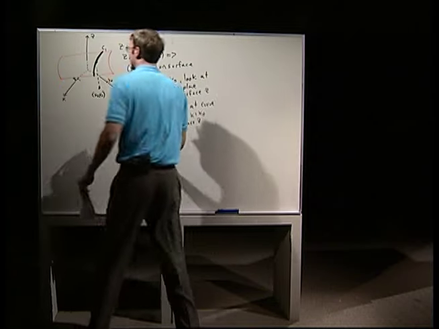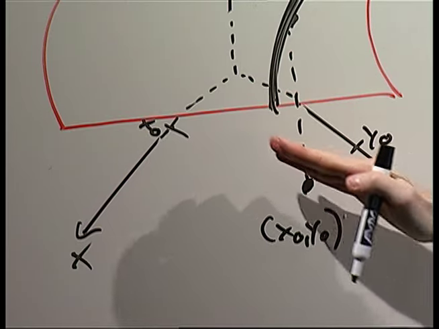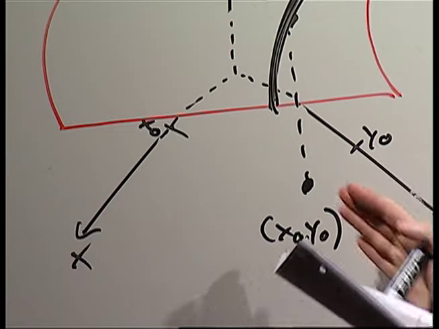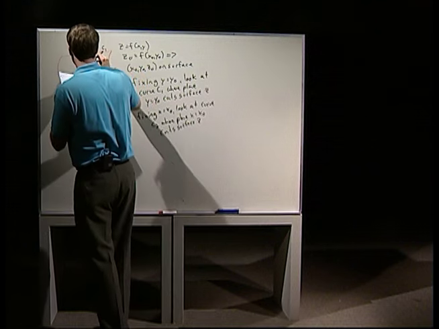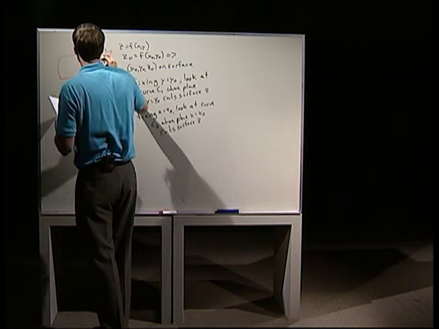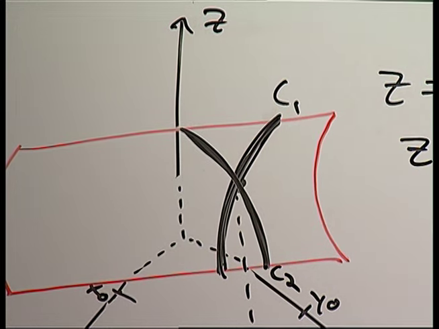I slice up with a curve, and I have a plane that's now slicing perpendicular to x. It's slicing through this point and the surface and making some curve. Maybe we'll use red. So there's another curve, maybe it's C2. So there is some curve that this plane makes in the surface when it goes slicing through it.